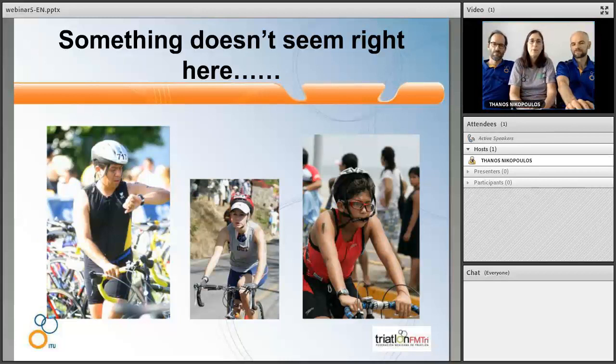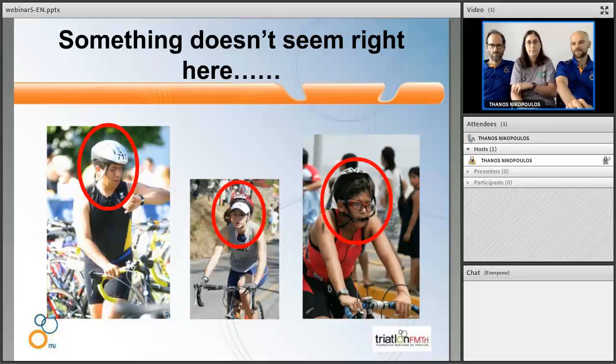In the middle photo, it looks like the individual has a visor on as well as the helmet, and that's not the way the manufacturer meant for the helmet to be worn. Not as secure as it should be. And then this young man doesn't have his helmet on properly either. So we need to educate people during the bike check-in that these things are unacceptable.